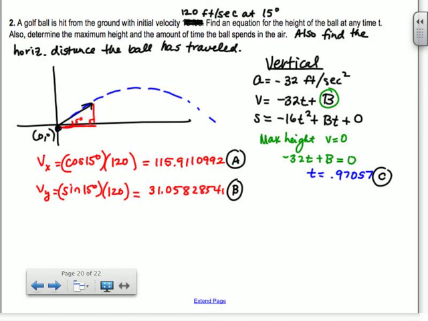So you're going to have negative 16 times our c value squared plus b times c. So what do you guys get for your max height? Yep, 15.072. Yep, and that's going to be in feet.